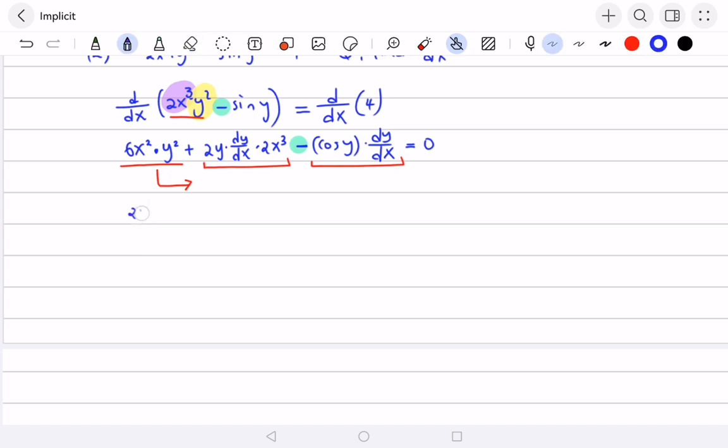On the left hand side, let's multiply this guy and this guy. Let's multiply them.